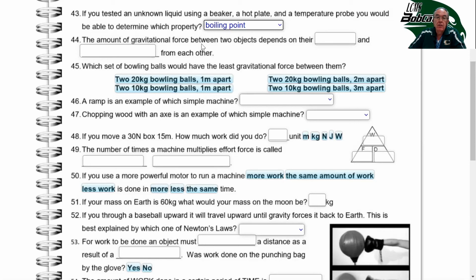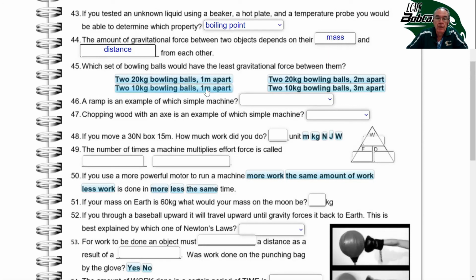The amount of gravitational force between two objects depends on the mass, like the mass of the Earth or the mass of the Moon or the mass of the Sun, and the distance from each other. Which would have the least gravitational force? Well, the ones that would have the least mass and be the farthest apart.